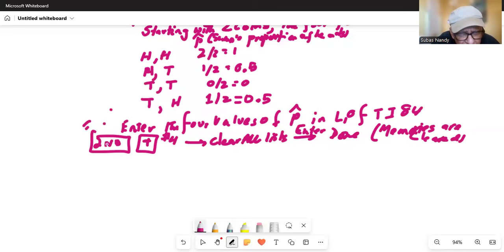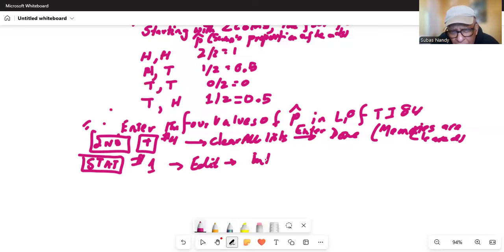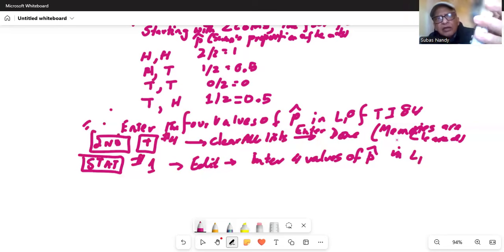Next you hit the stat button, then press number 1, which is edit, and enter the 4 values of p hat which we listed above in L1. So again, first the second button on the top left, then the plus button on the bottom right, then number 4, clear all lists, hit enter, done.